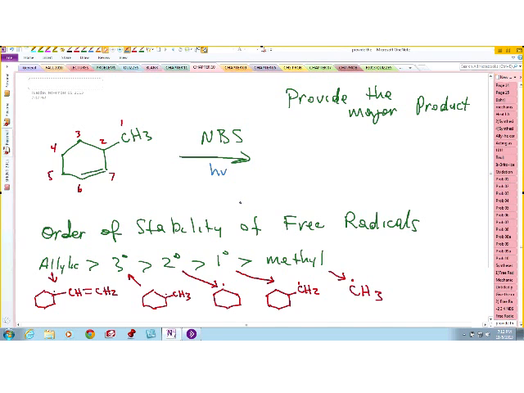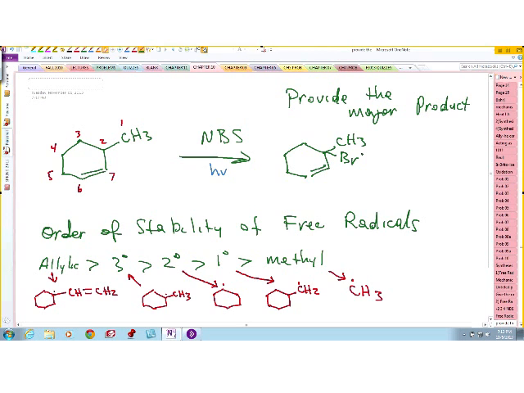On 2, because that is the allylic hydrogen that will give rise to the more stable free radical. So that would be your major product. If I ask you what is the major product, that would be the major product.